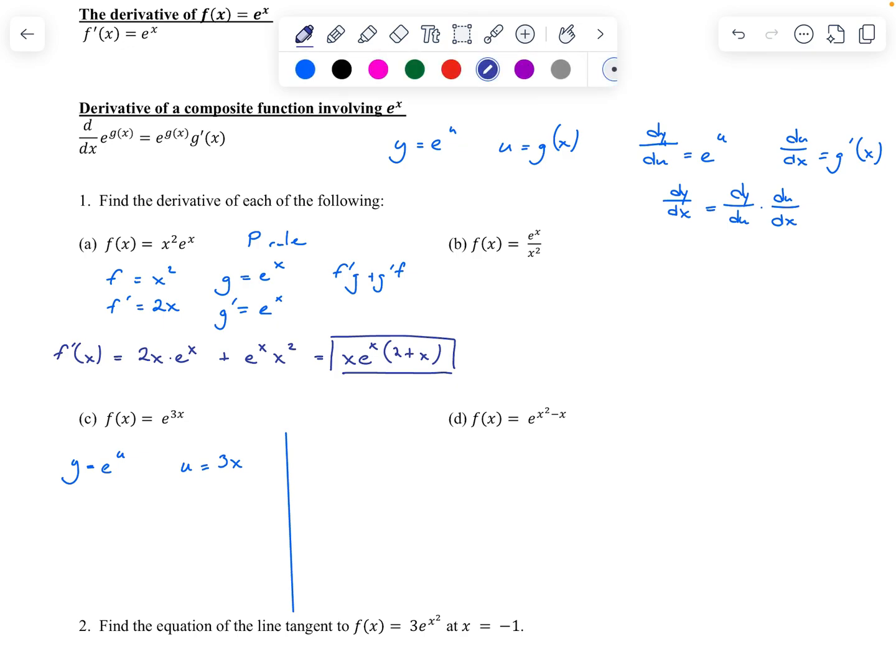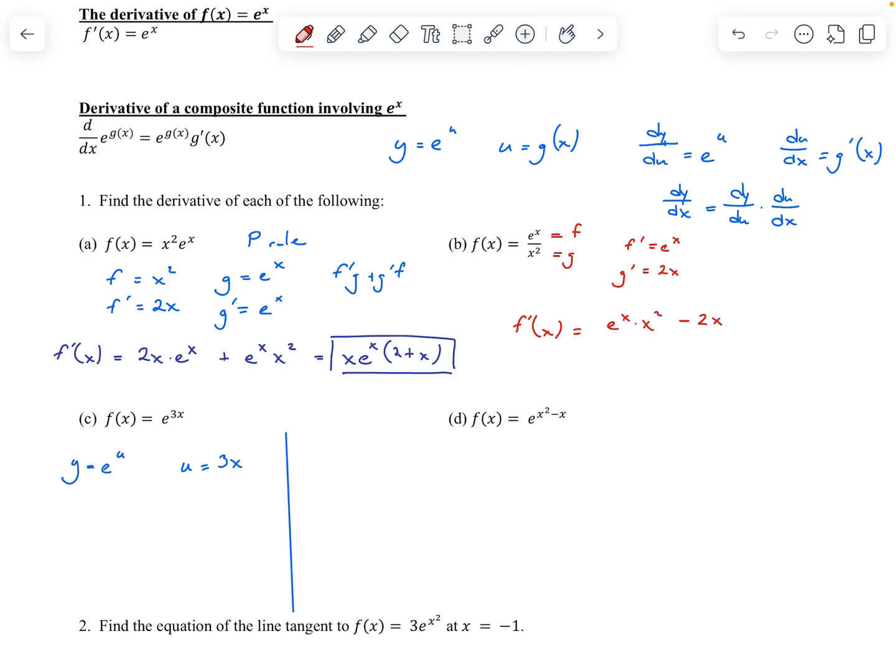Do the same with question B, except it's quotient rule. That's f. That's g. f prime times g minus g prime times f over g squared.